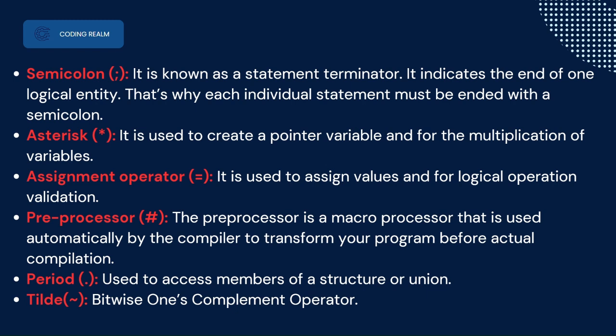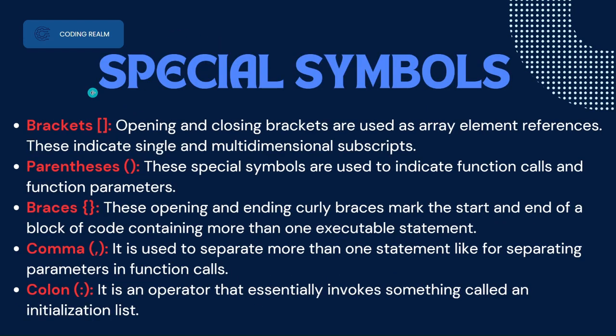The preprocessor, or hashtag: the preprocessor is a program used automatically by the compiler to transform your program before actual compilation. The period is used to access members of a structure or union, and the tilde is the bitwise one's complement operator. These are all the special symbols used in C programming code.